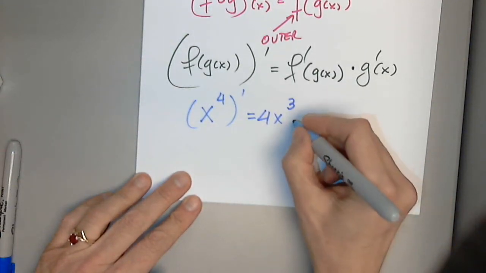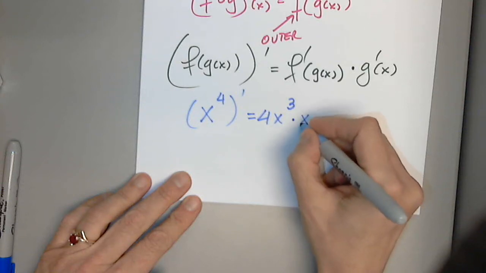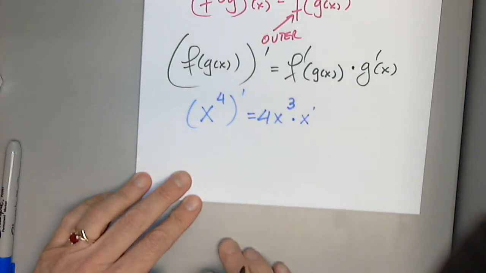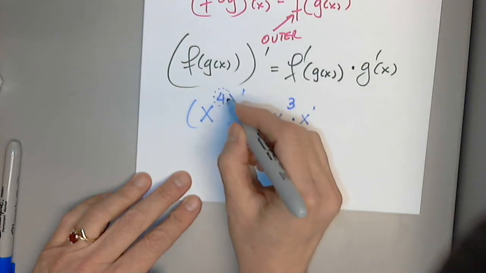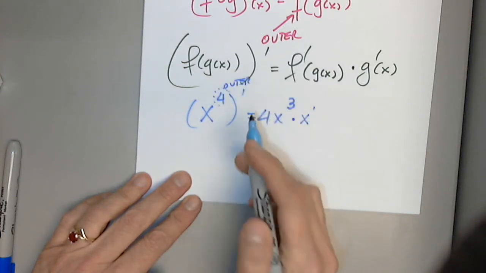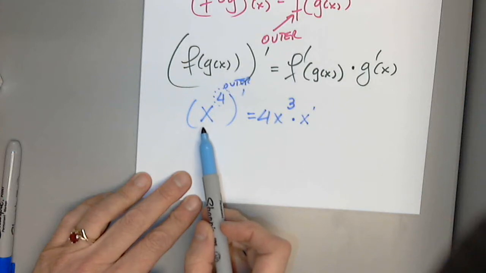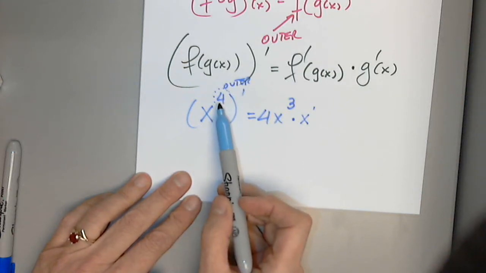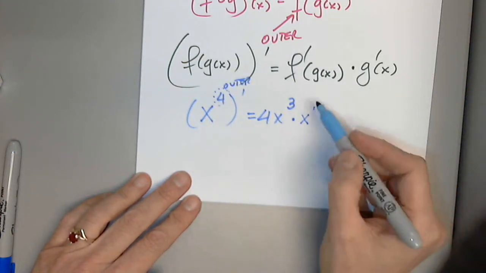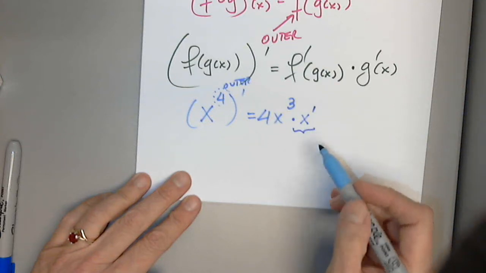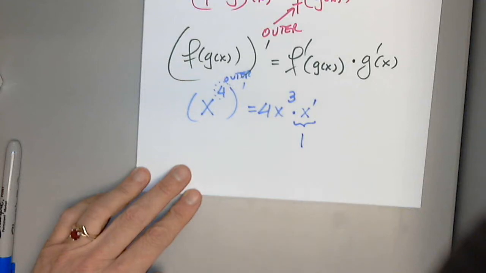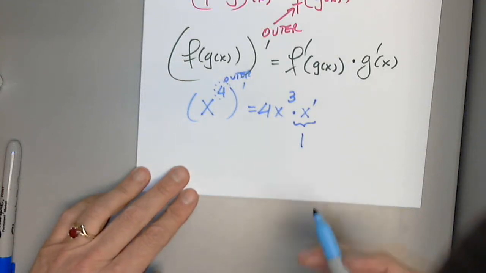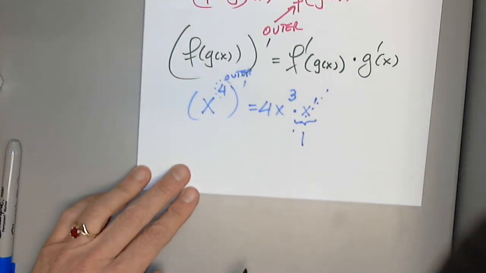I should have asked you to also continue with x prime, the inner function prime. This is the outer. Why? Because first I have to evaluate x, and then I have to apply the operator power 4. But the reason why we did not write this was because x prime is 1. That's the reason why we didn't have to write this.